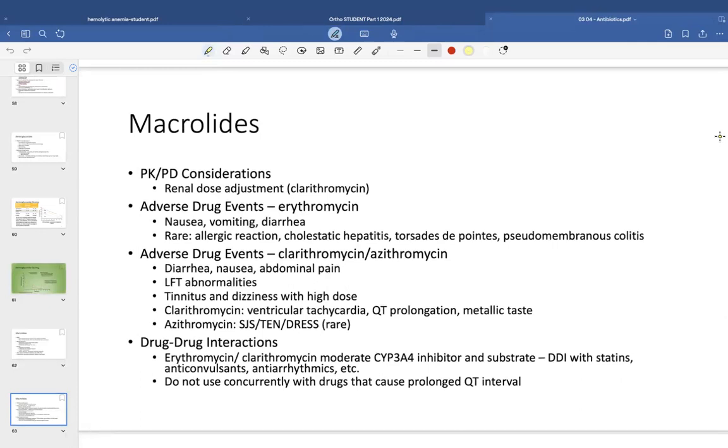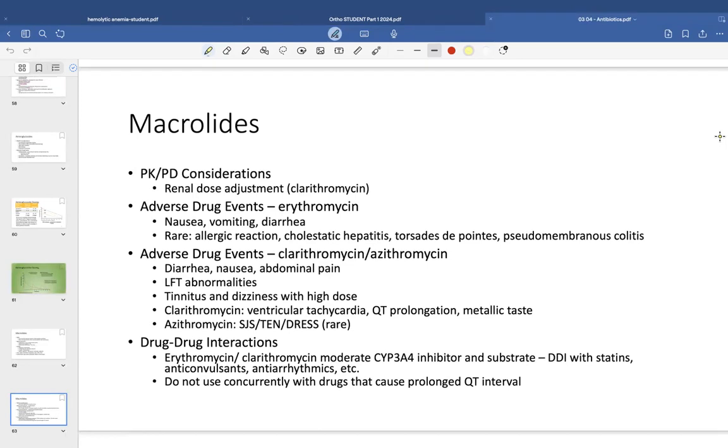They are doing just fine on that Dilantin until they develop bronchitis. That's only going to be a 10-day course, but in that 10 days, that 3A4 inhibition could be enough to put them into phenytoin toxicity. So this is a real thing with drug interactions around macrolides.